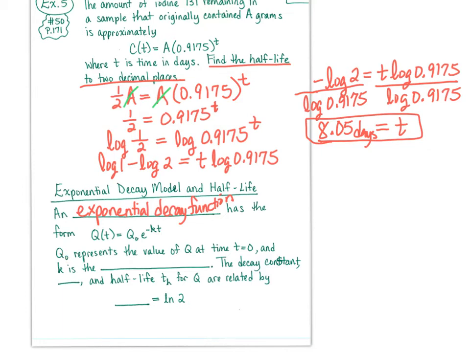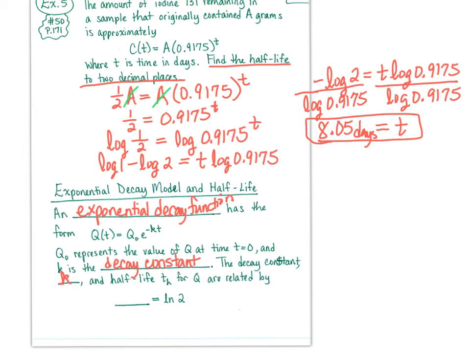Q naught, or Q sub 0, that's what we say in math. Q naught represents the value of Q at time t equals 0. And K is what's called the decay constant.